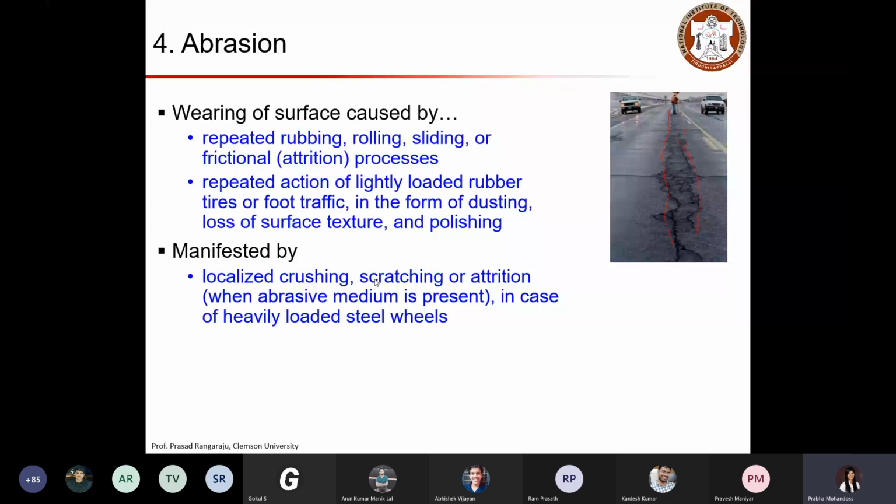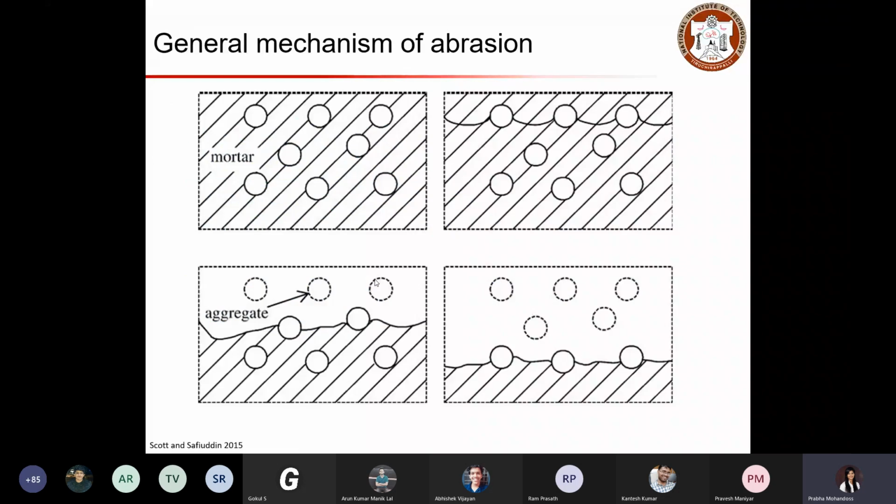So you can look at the general mechanism that we can consider for abrasion. Here you can see the first case where you have intact concrete in good condition. Your cement mortar, and the circles basically indicate your aggregates. So the cement mortar and aggregates are intact and in good condition, and over time, when your structure is exposed to the vehicular movement, the surface is getting damaged and part of the surface is lost here, and that leads to the exposure of your aggregate.